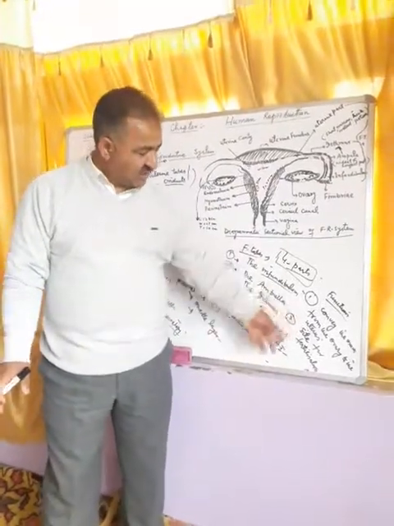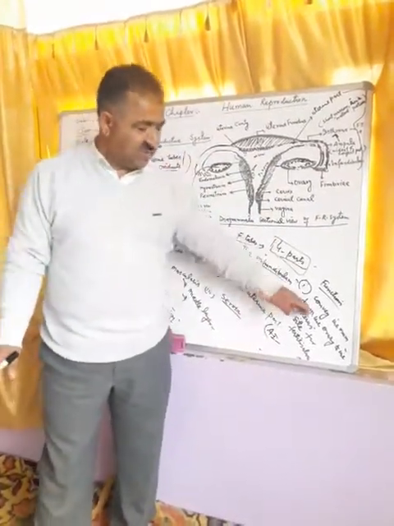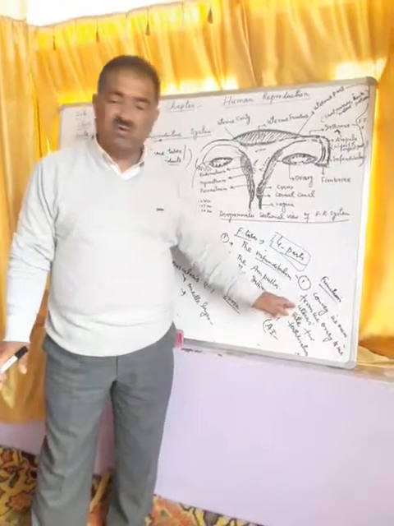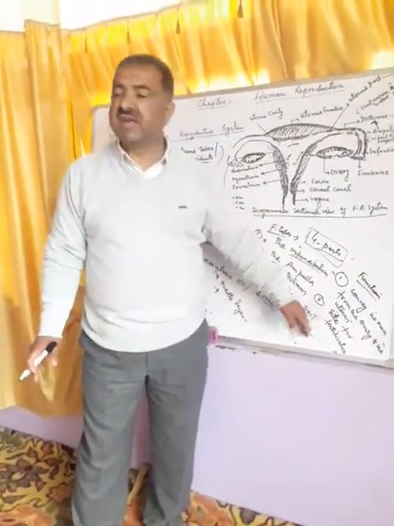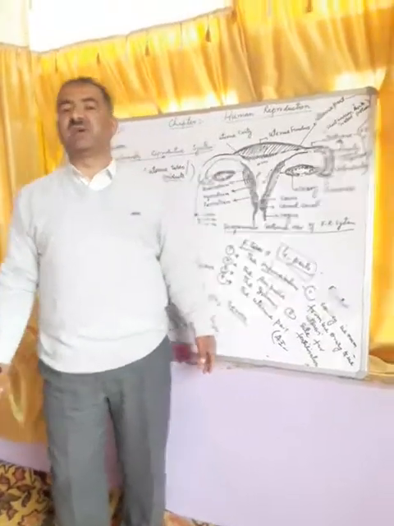So the functions of the fallopian tube are, first, to convey the ovum from the ovary to the uterus, and second, to act as a site for fertilization.